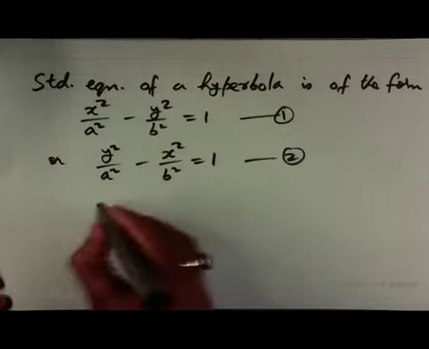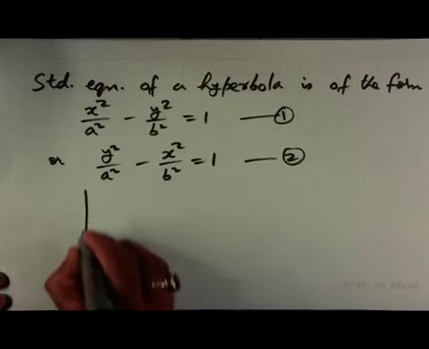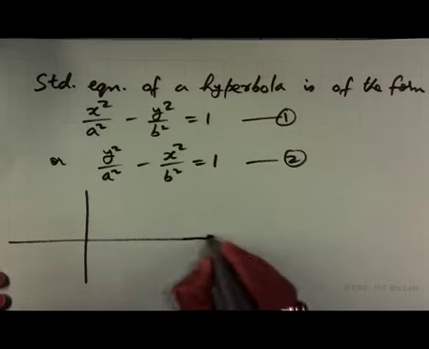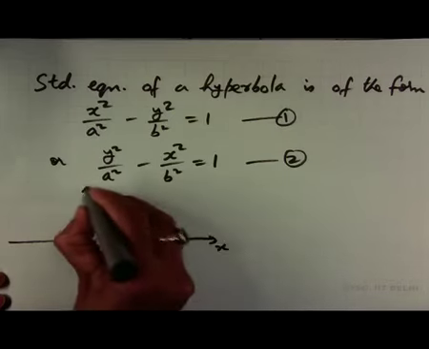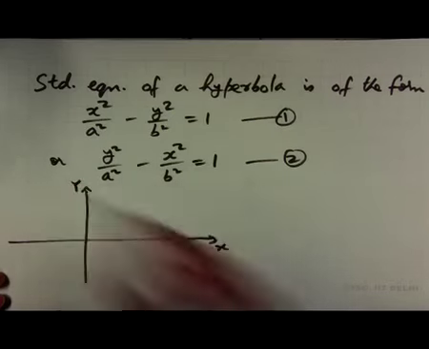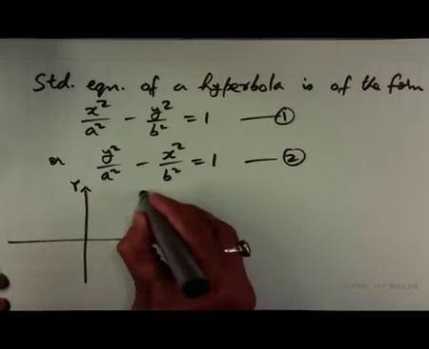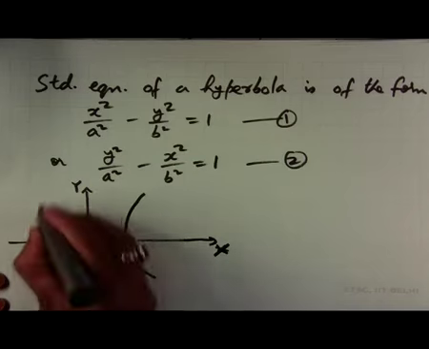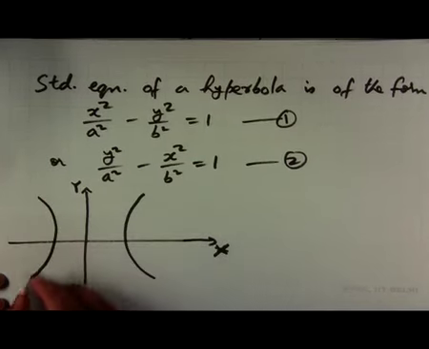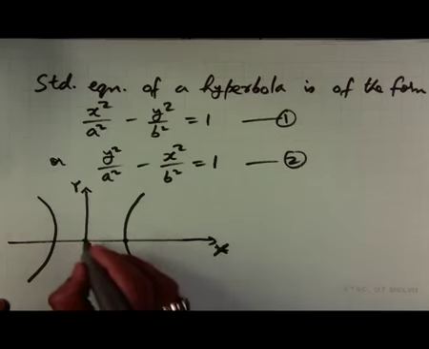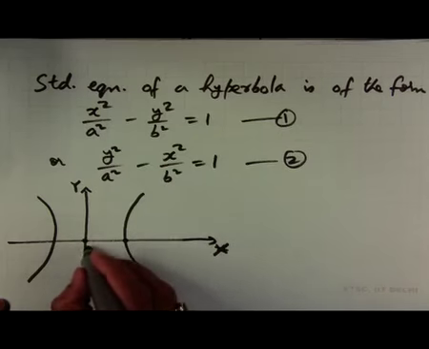The first form, the graph of this hyperbola looks like this. It has two branches and the center is at the origin.